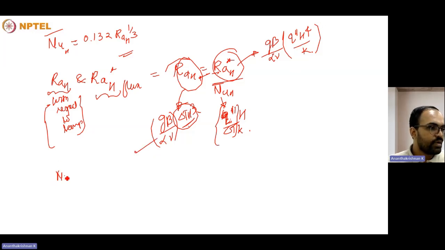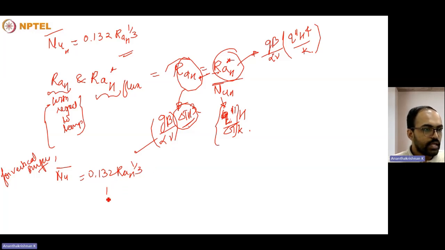We know that for a vertical surface, the overall Nusselt number value will be equal to 0.132 into Rayleigh number raised to 1 by 3.